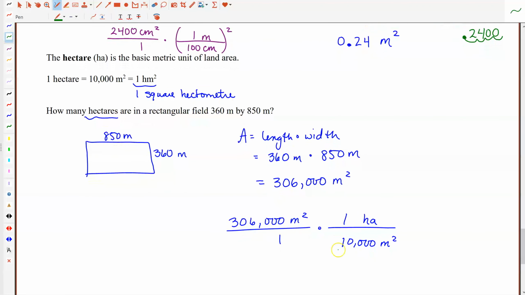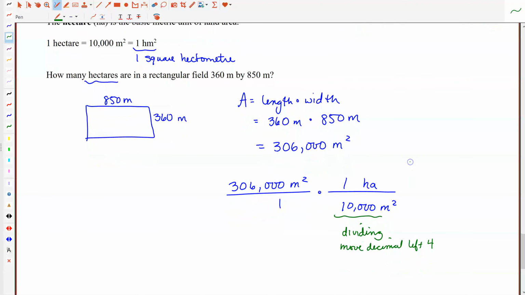So this is dividing by 10,000. Because we're going to be dividing by this number, you want to move the decimal point left 1, 2, 3, 4 zeros. Because remember, if you write this as a power of 10, this is 10 to the 4th power.